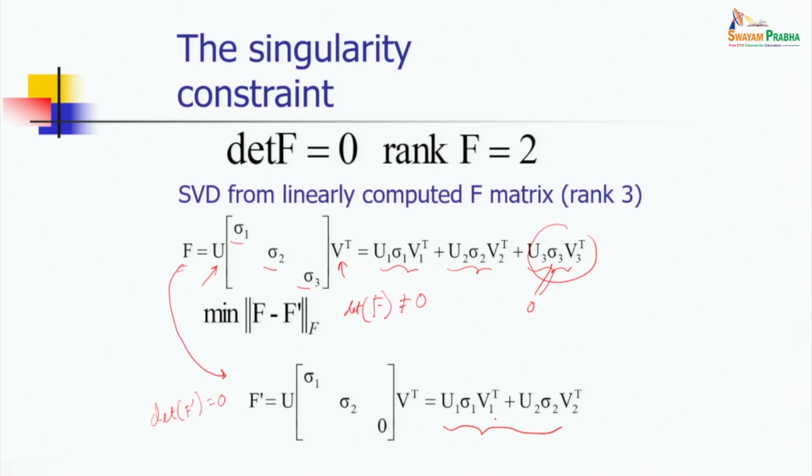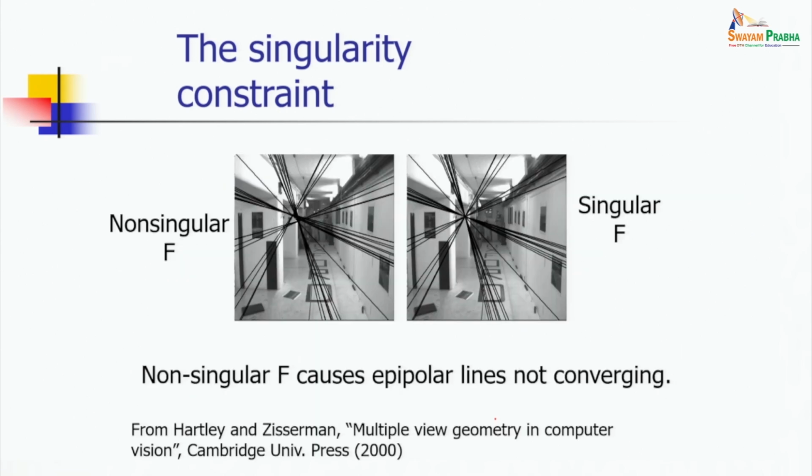That is why you use the singular value decomposition and compute the closest rank 2 approximation. It just shows that if you don't use a singular f, that means you stop at the very first stage and don't perform those corrections using singular value decomposition, you will find your epipolar lines are not converging. That is the problem.